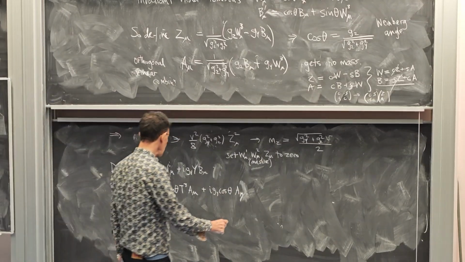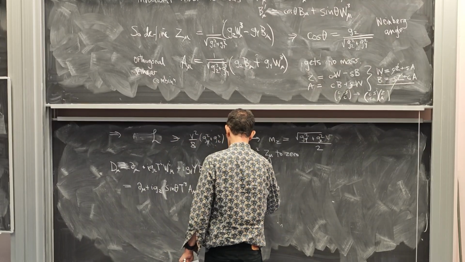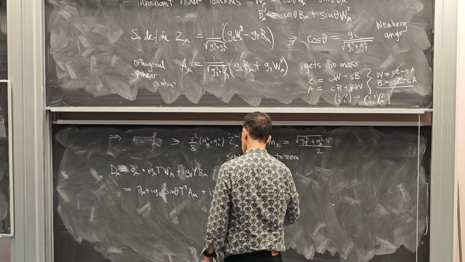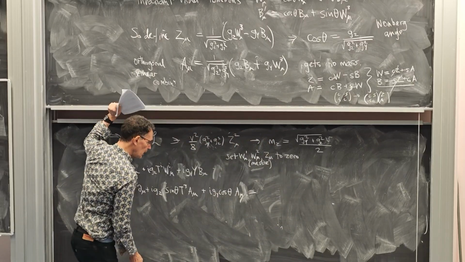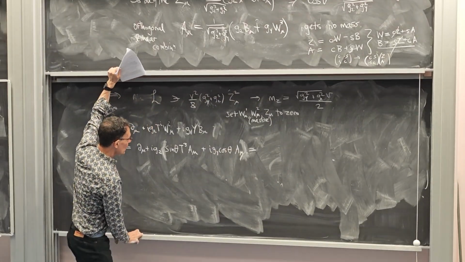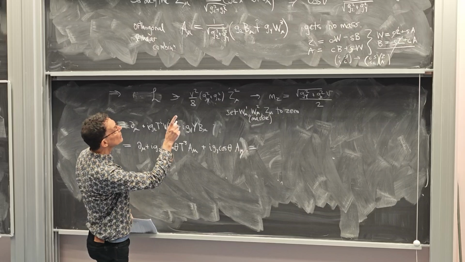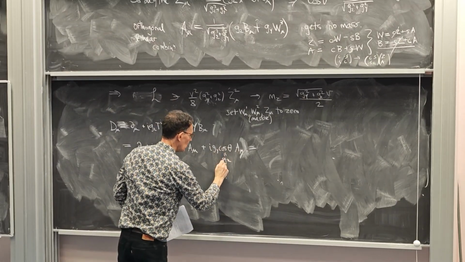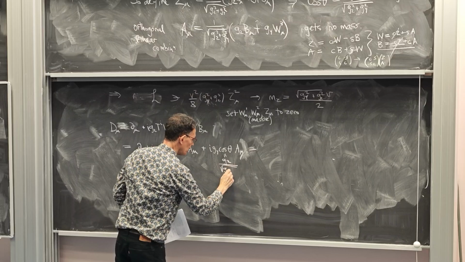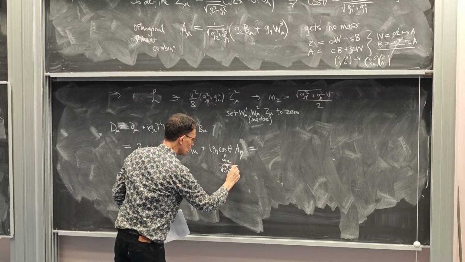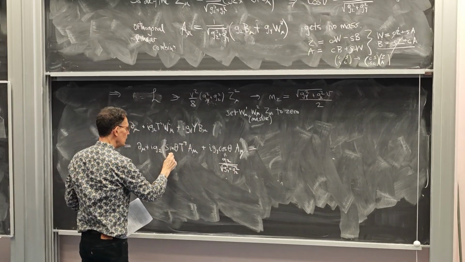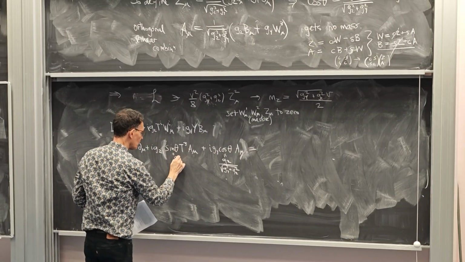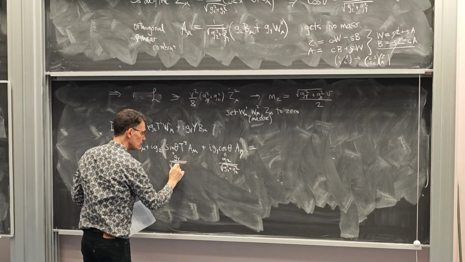Okay, so now we've got our result. Now I can use the formula for cosine and sine. Cosine theta was g2 over the square root of the sum. Sine theta is gY over the square root of the sum.